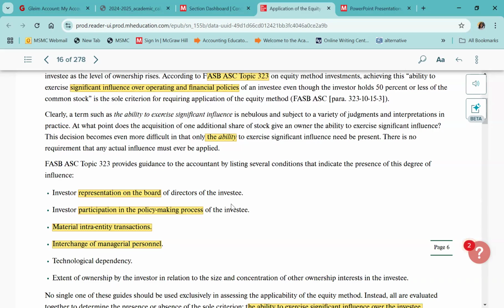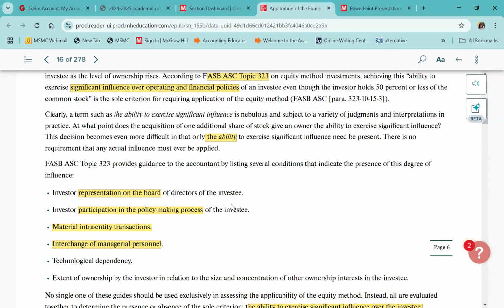So FASB Accounting Standard Codification 323, you have to memorize this 323, provides guidance to the accountant by listing several conditions. FASB tells the accountant and the auditor that if you notice investor representation on the board of trustees, if there is a member on the board who represents an investor, that means the investor has the ability to exercise significant influence.